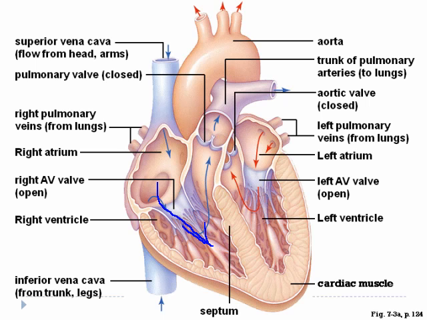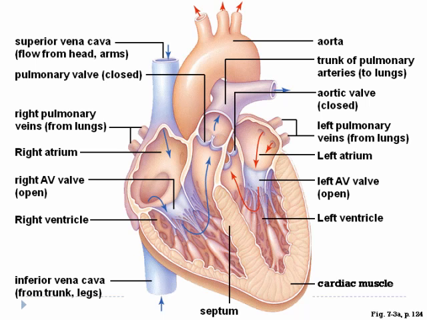From the ventricle, blood will get pumped to the lungs. So it goes into a vessel called the pulmonary artery to go to the lungs. So on the right side of the heart, blood comes from the body and blood goes to the lungs.